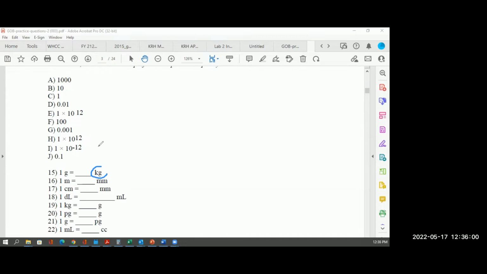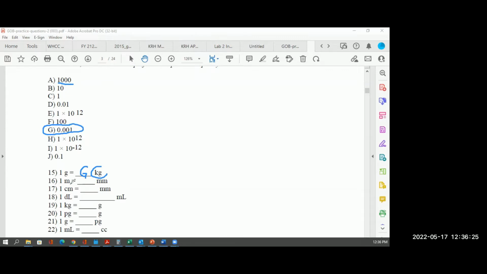So it's 1,000 times. A kilogram is 1,000 times greater than a gram. So if we have 1 gram, then this is going to be 1/1000 of a kilogram.